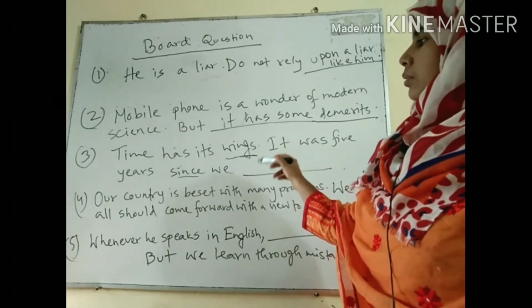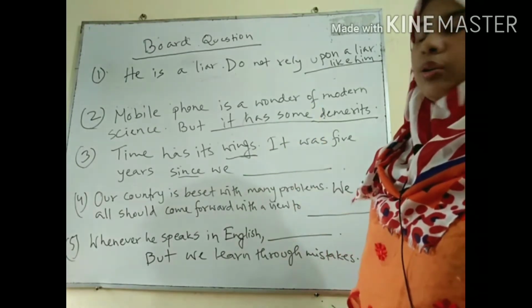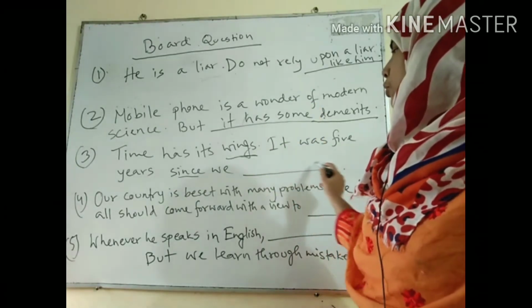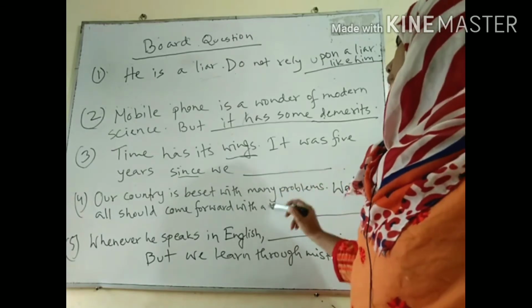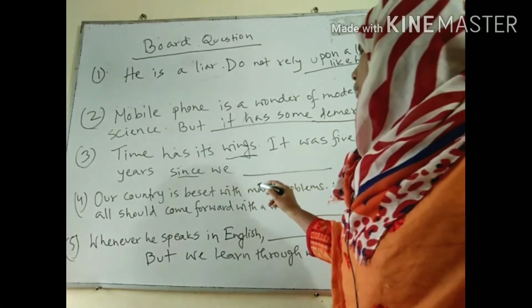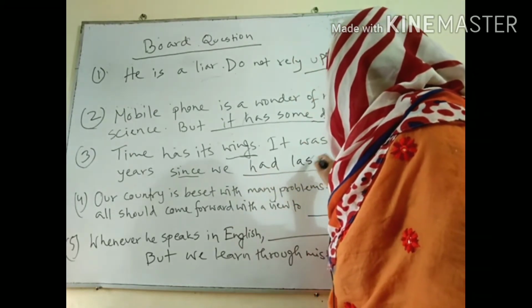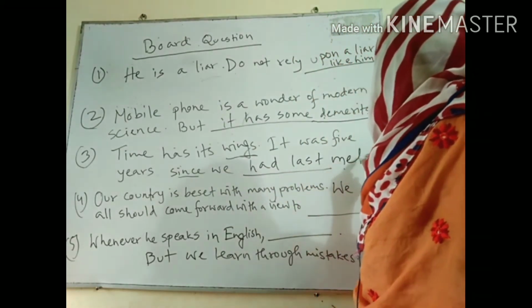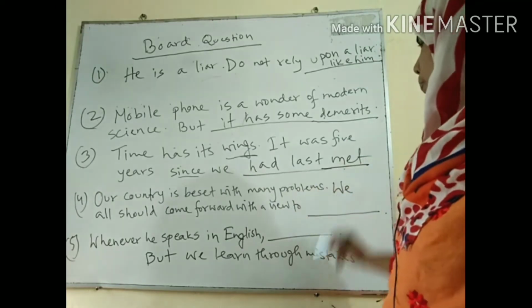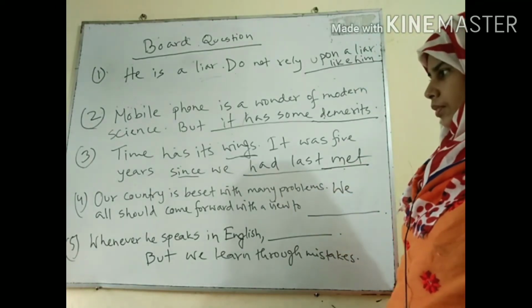Do you remember? We did it in our rules. So we have to use past perfect. It was 5 years since we had last met. So this is past perfect tense.